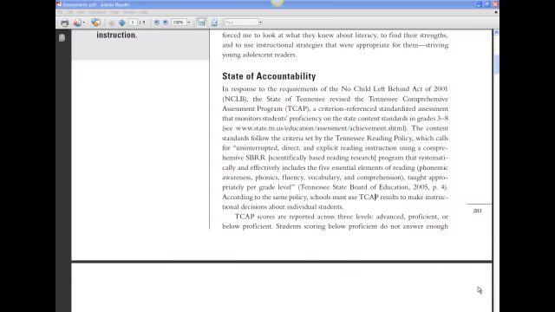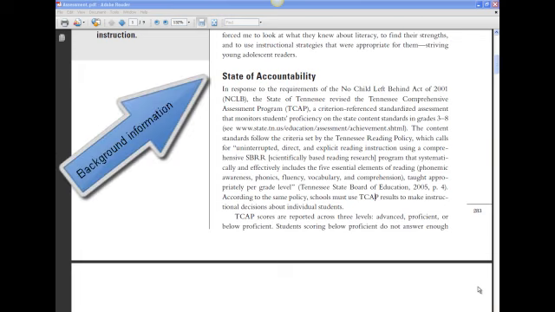A research article's background information should be found at the very beginning of the article. You can see from this article, right in the second paragraph, she talks about the state of accountability, and she situates her study within the national movement of No Child Left Behind.